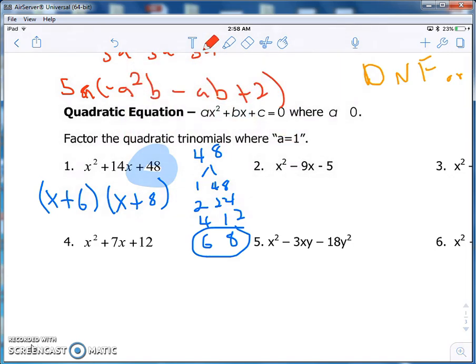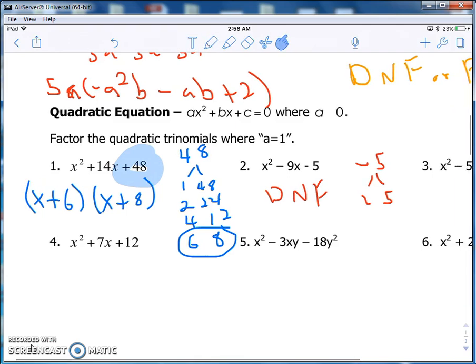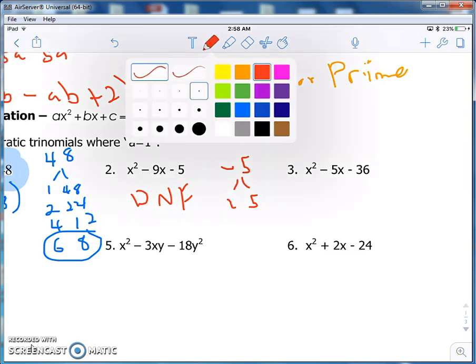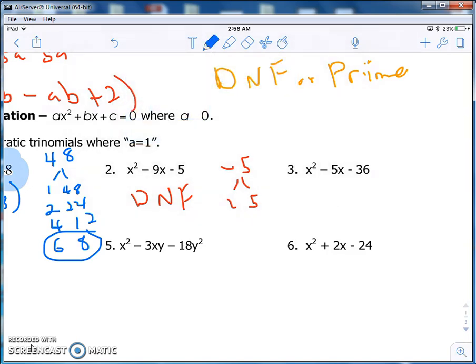Here we want to find factors of 5 that add or subtract to be 9. 1 and 5 will not do it. It does not factor, or it's prime. Number 3. We're looking at factors of negative 36 that add or subtract to be negative 5.